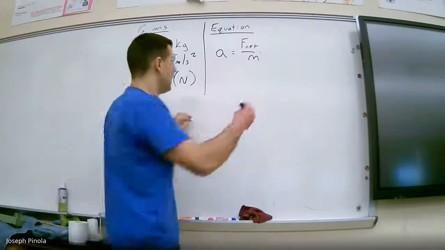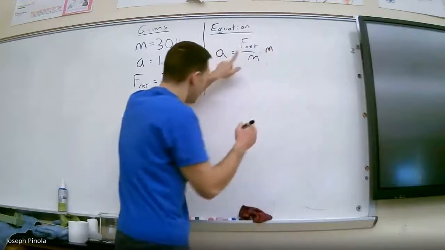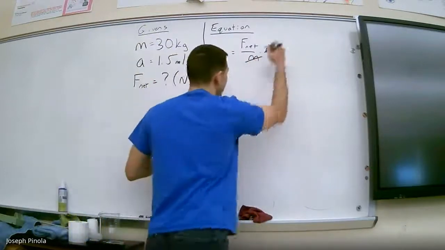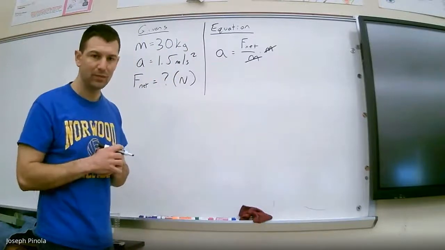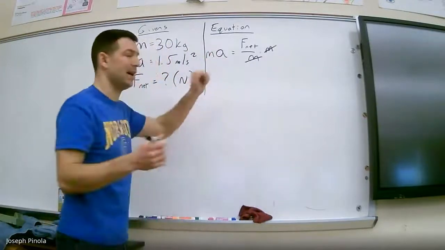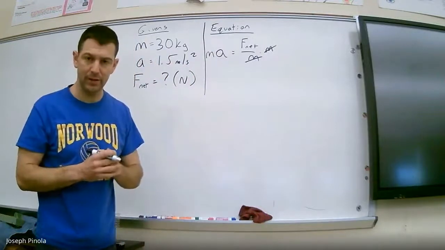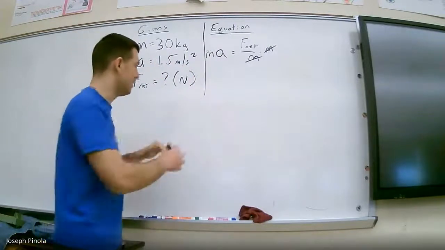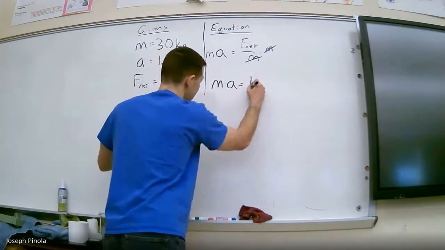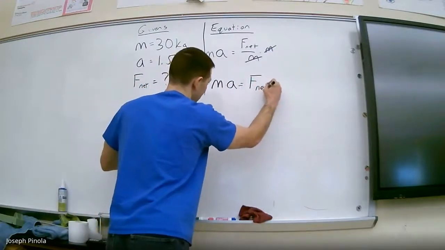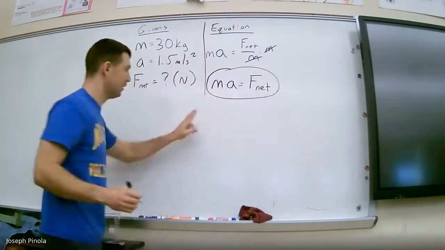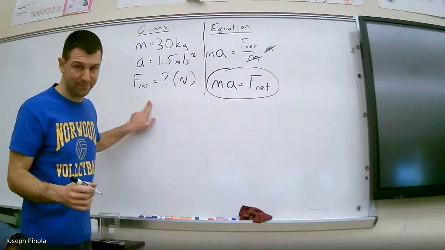So I'm going to multiply by m, not by F net, so that the m's cancel out. And then I will multiply the left side by m as well. This leaves me with m times a equals F net. And that is the equation that we're going to use now to find F net.